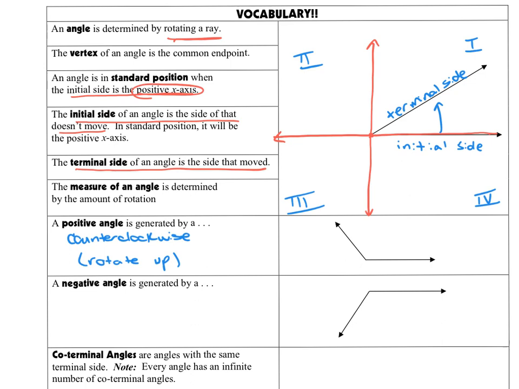Now, our angles could also rotate down, okay? So they could be a clockwise rotation. That's also possible. So they could rotate clockwise. In other words, they could rotate down. And that's also allowed.